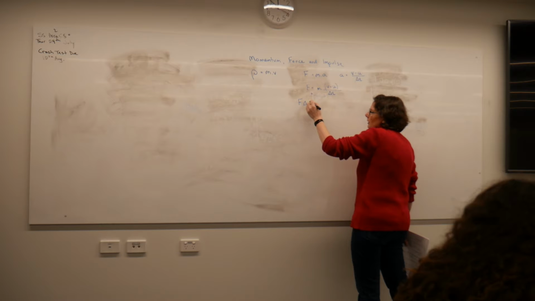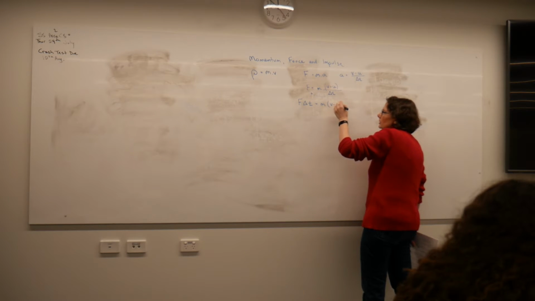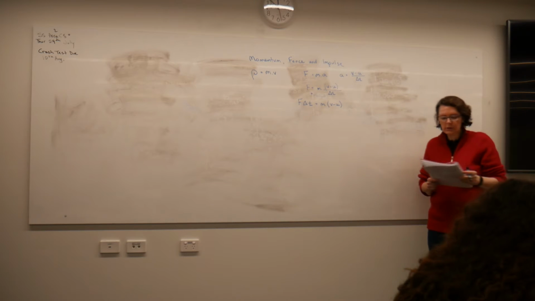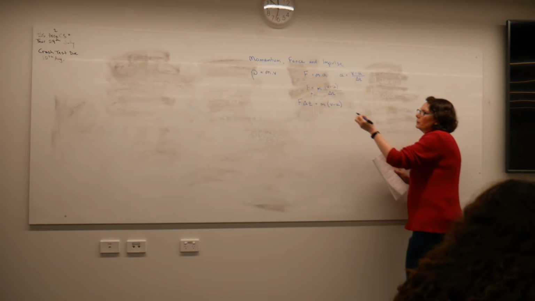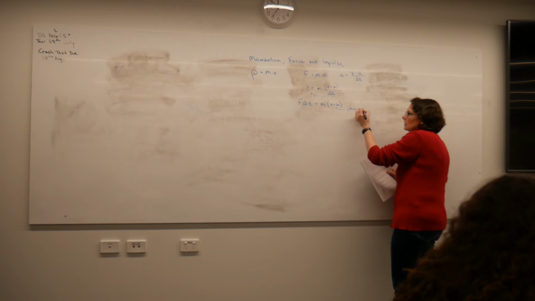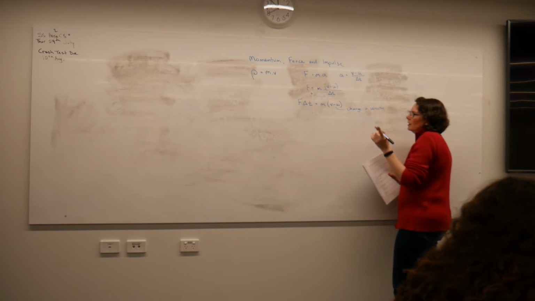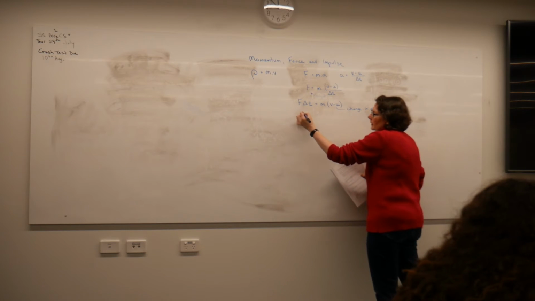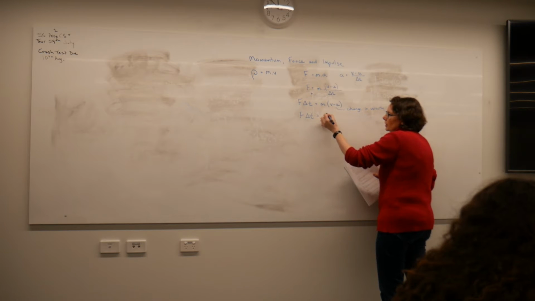So F delta t is equal to m(v minus u), which is the change in velocity, isn't it? So if v minus u is the change in velocity, then what this, F delta t, is equal to is the change in momentum.